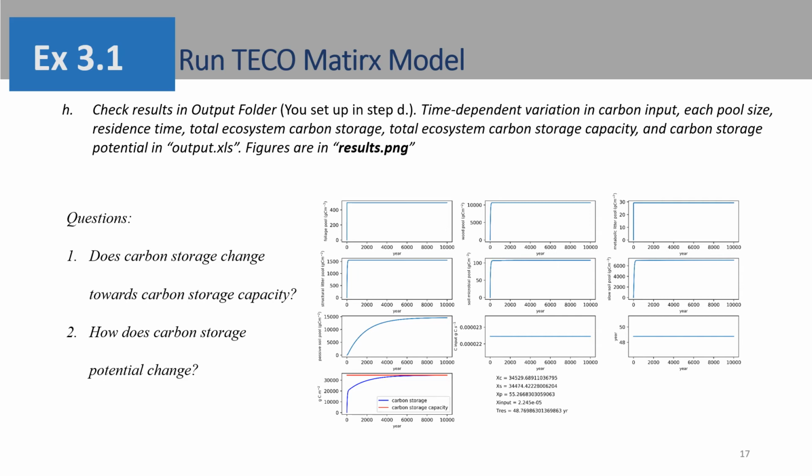Since carbon input and turnover rates are all constant, the carbon storage capacity is time independent in this case. The summary in the figure tells us how much is the steady state carbon storage, and how much are these traceable components at steady state. Let's answer the following two questions.